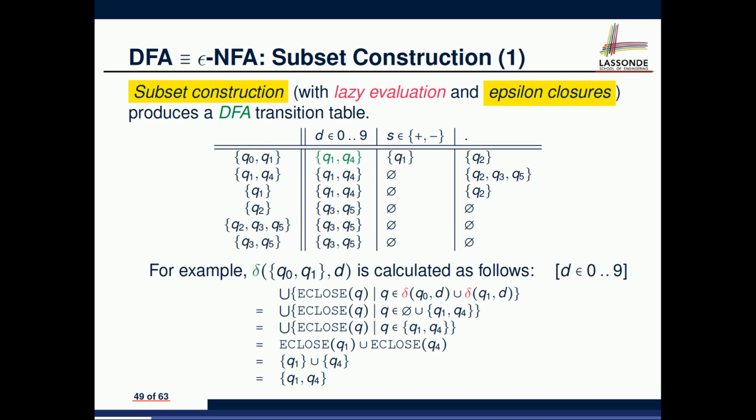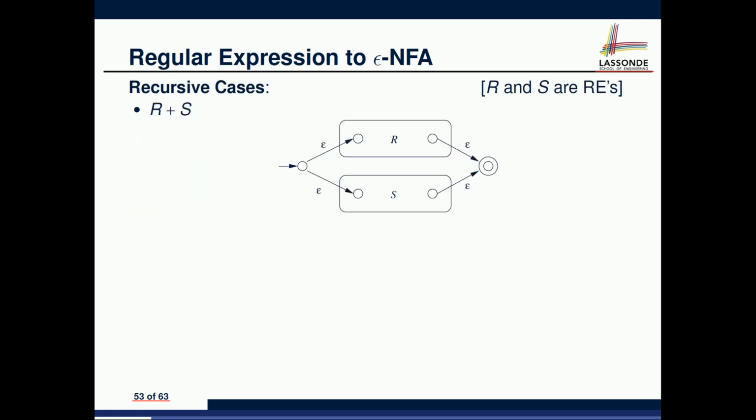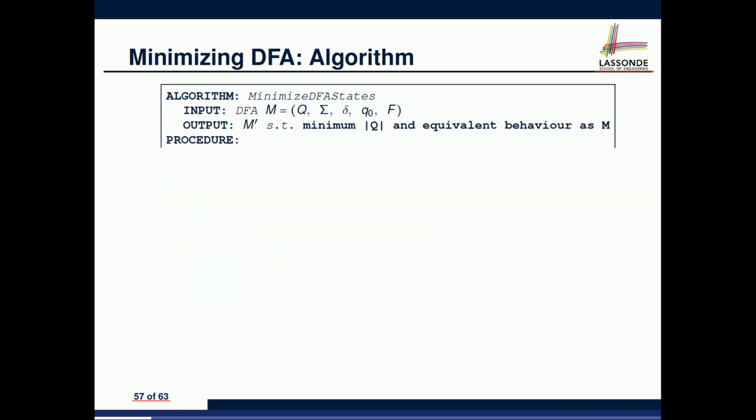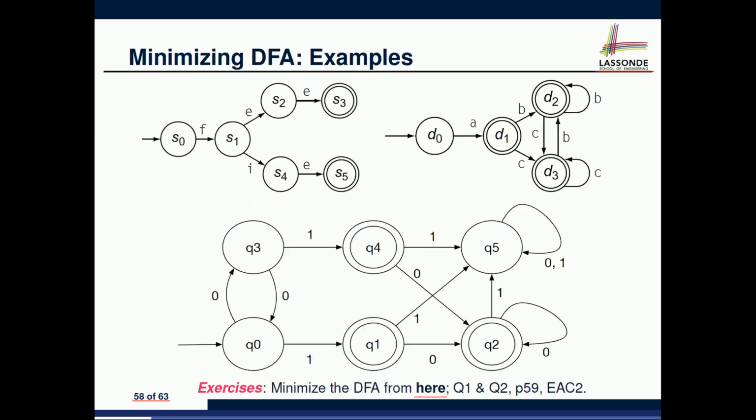Then let me go back to 58. The second exercise is, if you just go to the textbook, page 59, Q1 and Q2, I think are also worth doing. So you've got three more exercises.